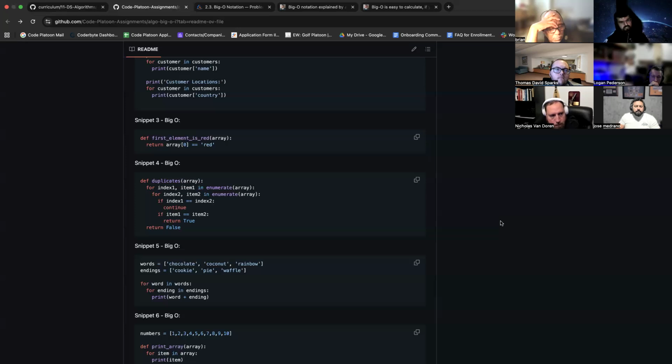What is that if statement and continue doing? It's just continuing on. We don't really need it because it'll just go through to the next if. It's just comparing if the two indexes are the same. But here, it's not really doing anything. You could just return true if item 1 and item 2 are equal. If all the loops finished, then just return false, right? Does the same thing.